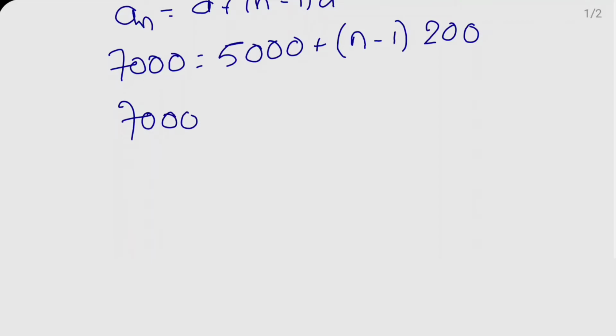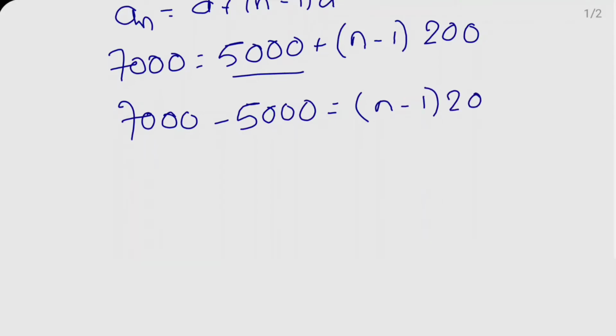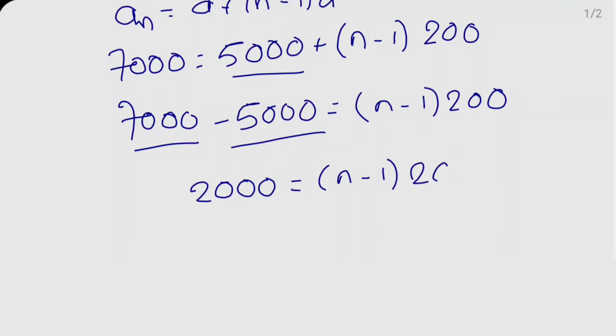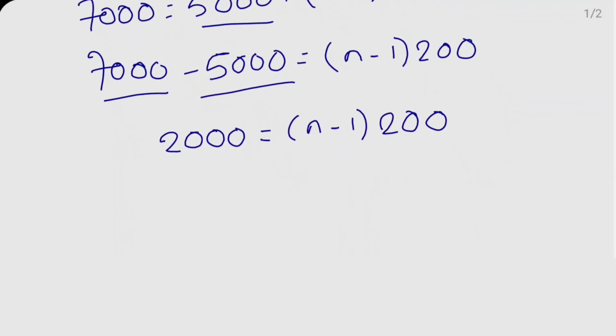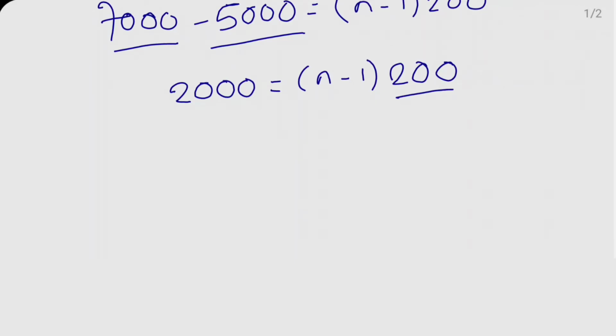So now 7000 as it is, this 5000 comes to the LHS side, it becomes a minus. So minus 5000, this equals N minus 1 into 200. So now 7000 minus 5000 is 2000, and this equals N minus 1 into 200. So now this 200 comes to the LHS side, it becomes a division.